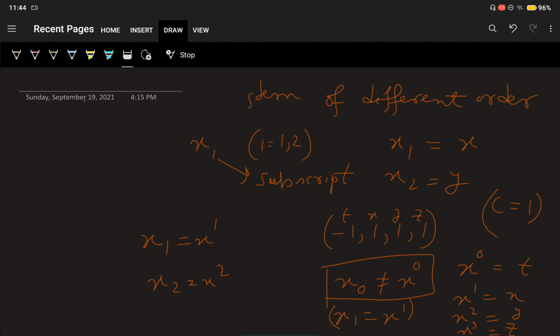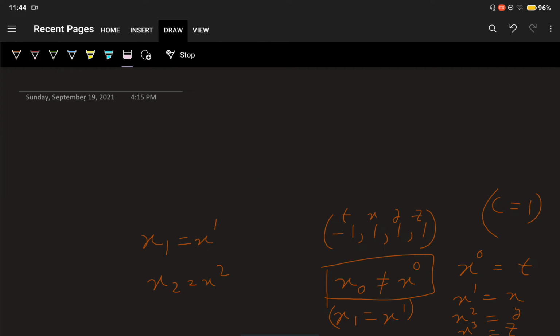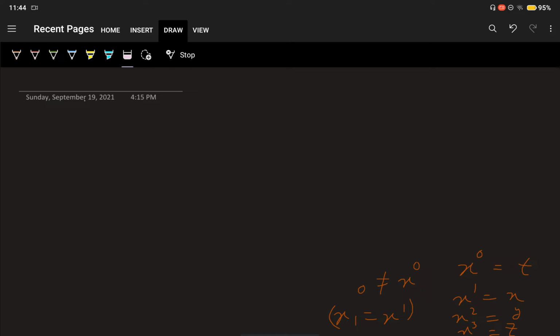Now the tensor means one magnitude, many directions. So tensor rank 0 is a scalar, tensor rank 1 is a vector, tensor rank 2 is a tensor.